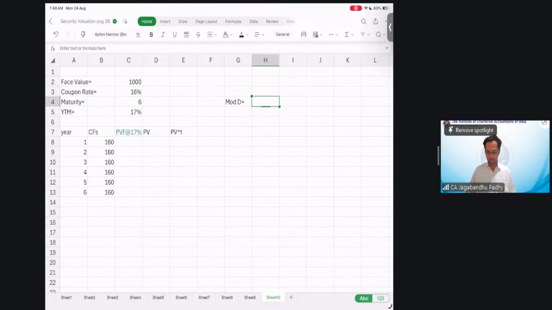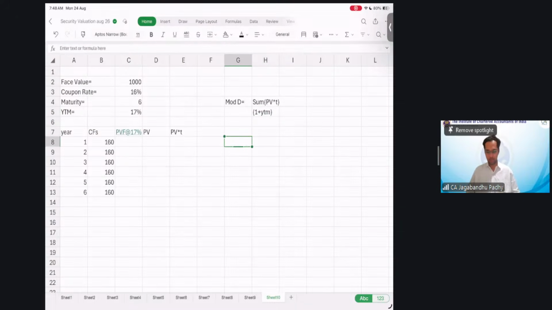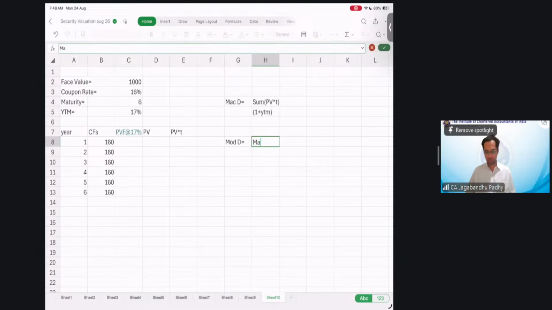Modified duration is the sum of PV into T divided by 1 plus YTM. That was my Macaulay duration. When you say modified duration, it is the Macaulay duration.